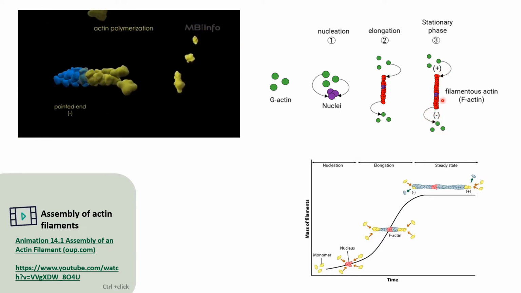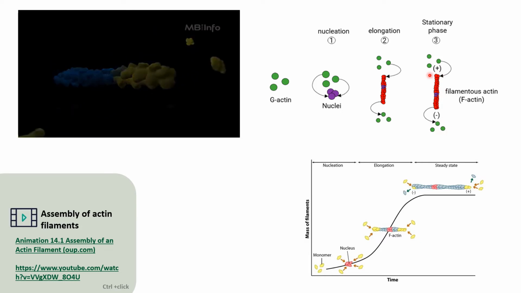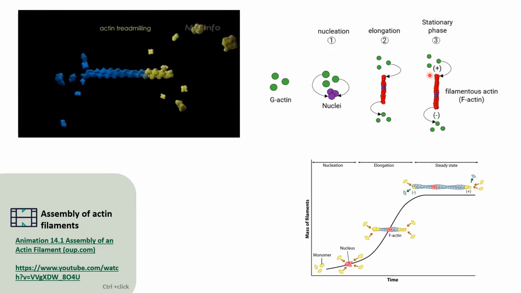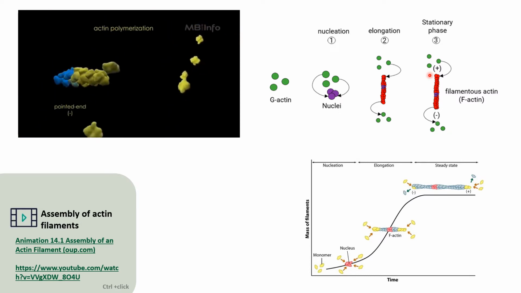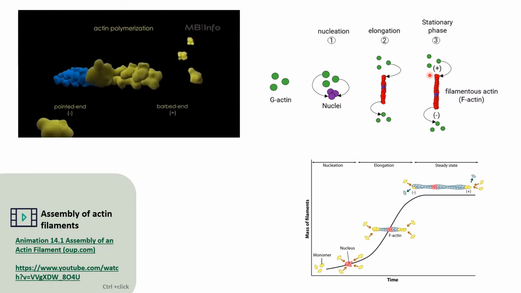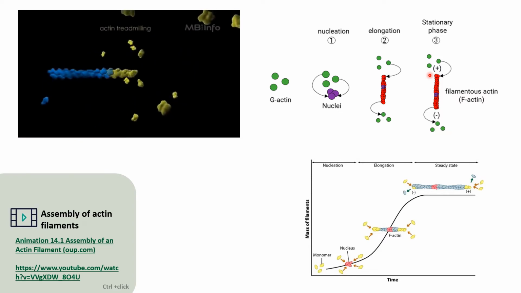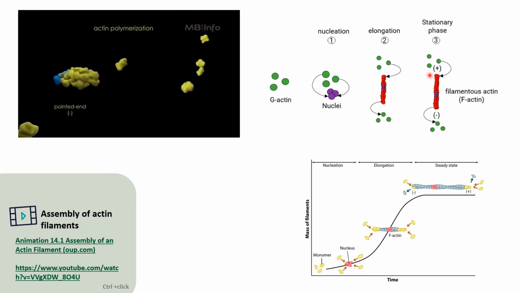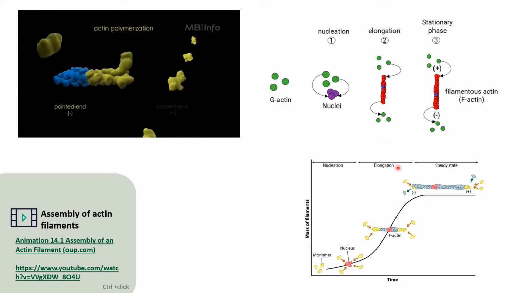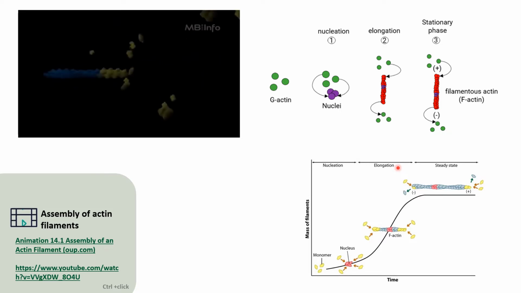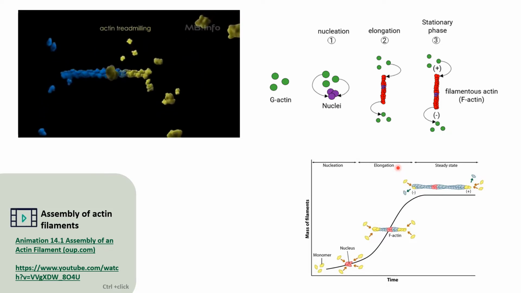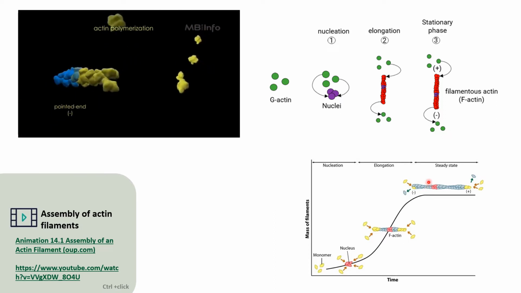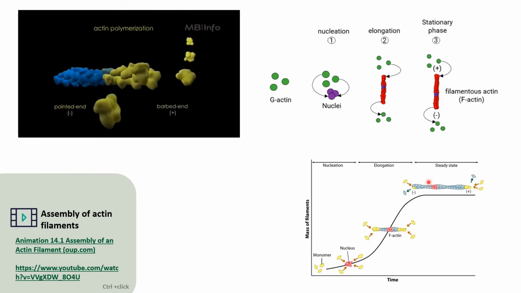If it's disassembling, it will be minus, and when it assembles, it will be plus. We can also call them the pointed or barbed end. So the pointed will be the plus, while the barbed will be the minus. Sorry, yes, the opposite. The barbed will be the plus, and the pointed will be the minus side.